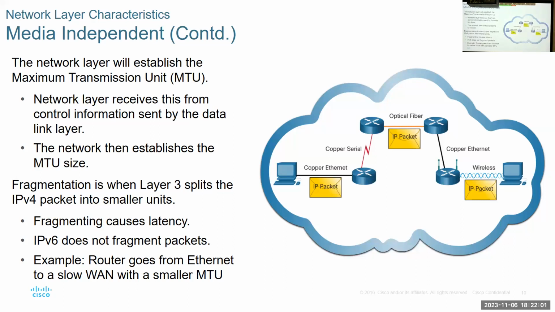So anyway, that's the purpose of the MTU, to communicate that up to the transport layer, so that the transport layer will create segments of appropriate size so that no fragmentation is necessary to deliver it on the media.